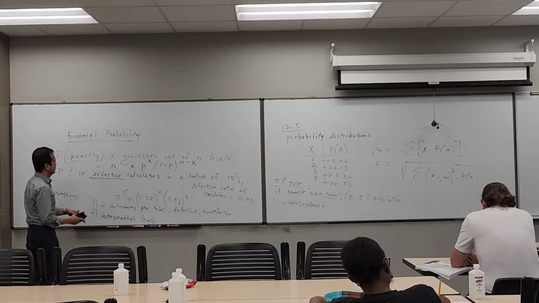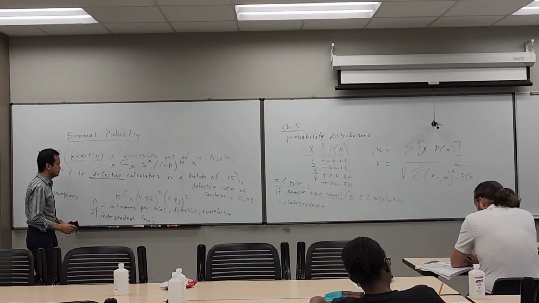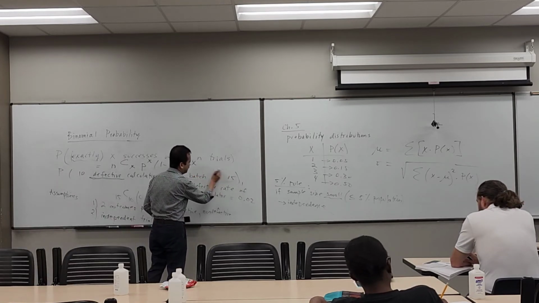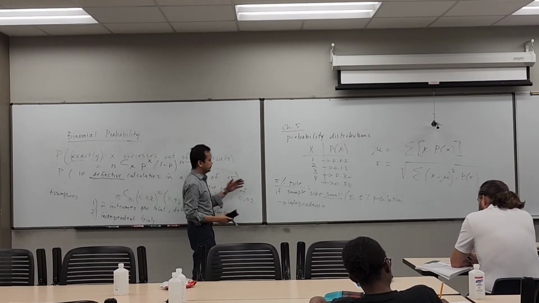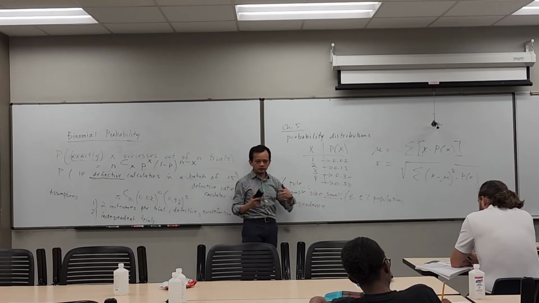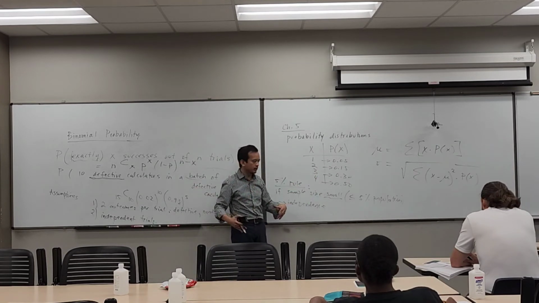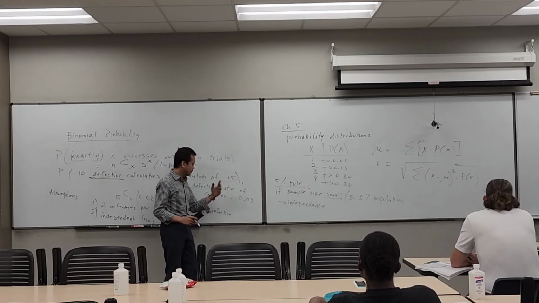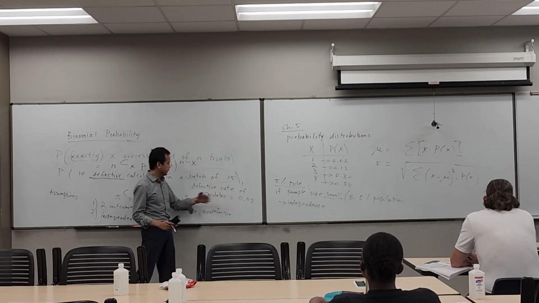So the sample size in this case is what? 15? Yeah, it's 15, the batch, 15. So if this sample size of 15 is small, meaning that it's much less than the total population size, then we can treat the draws of the samples being independent. And we can use the same probability of 0.02 over and over again in the formula.